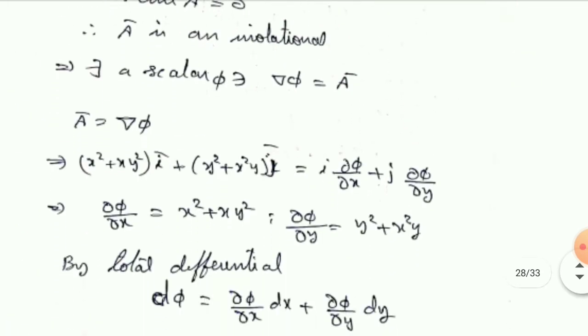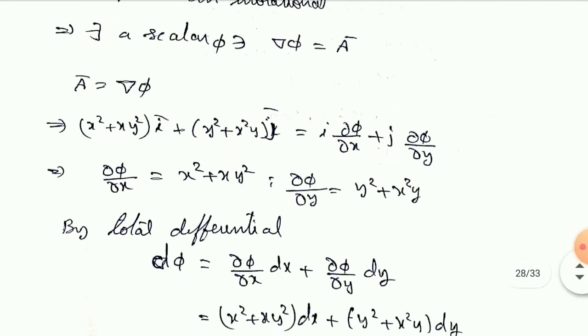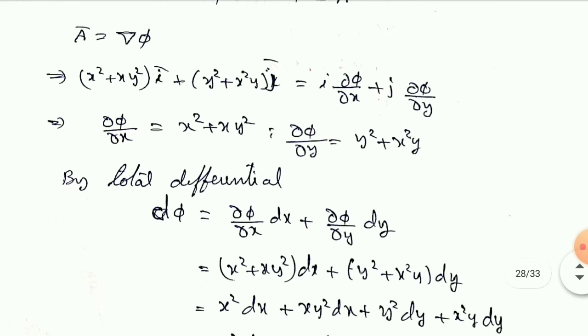Since there is no z term in your given vector function, you make the comparison on both sides. The i term is compared with the i term. Similarly, the j term is compared with the j term, so that you will get dou phi by dou x equal to x square plus xy square, dou phi by dou y equal to y square plus x square y.